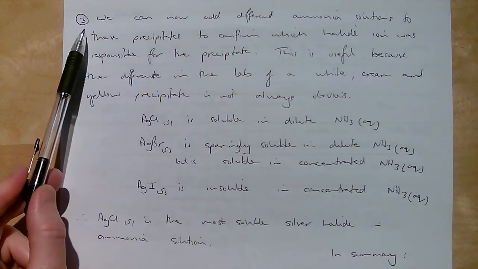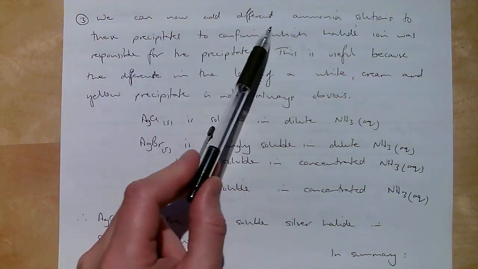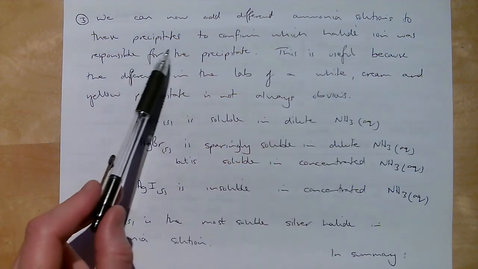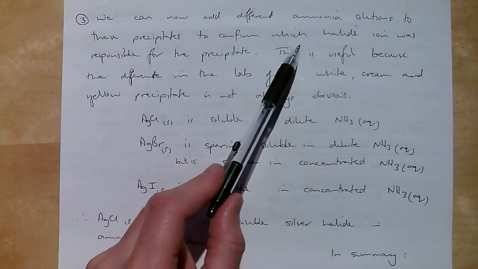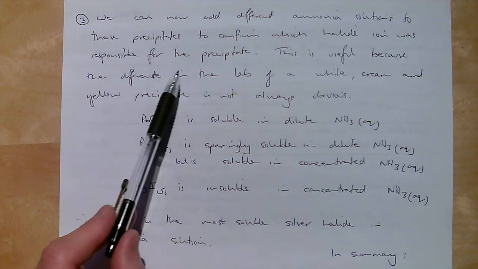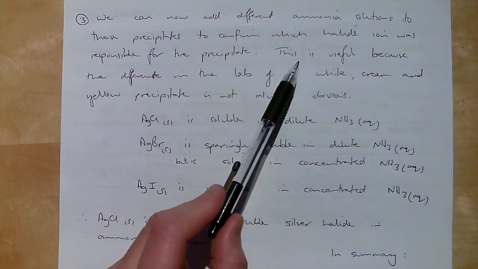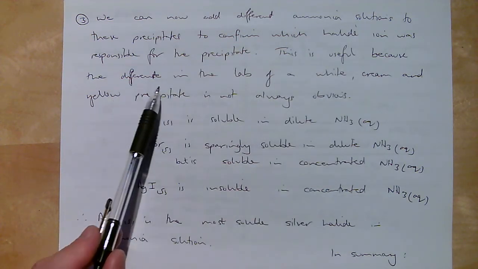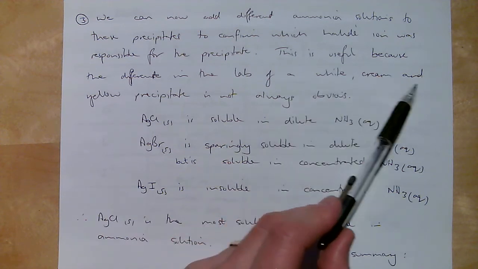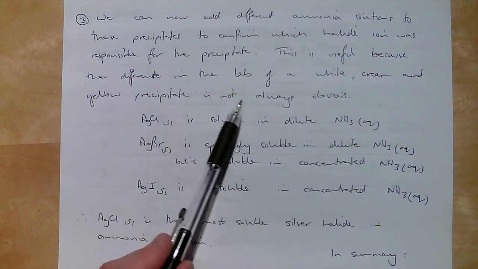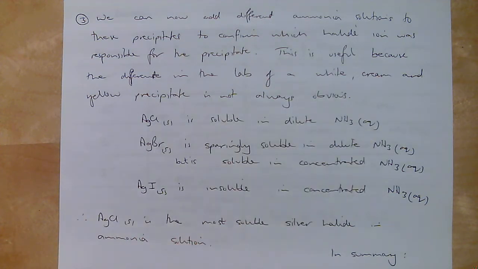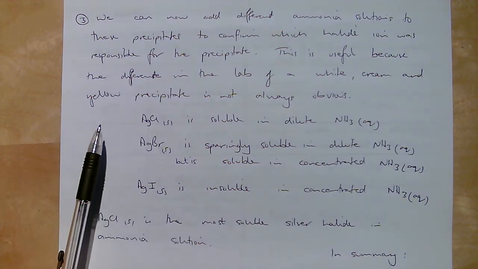So in point number 3, we can now add different ammonia solutions to these precipitates to confirm which halide ion was responsible for the precipitate. This is useful because the difference in the lab of a white, cream and yellow precipitate is not always obvious. Okay, right, and these will be your results.